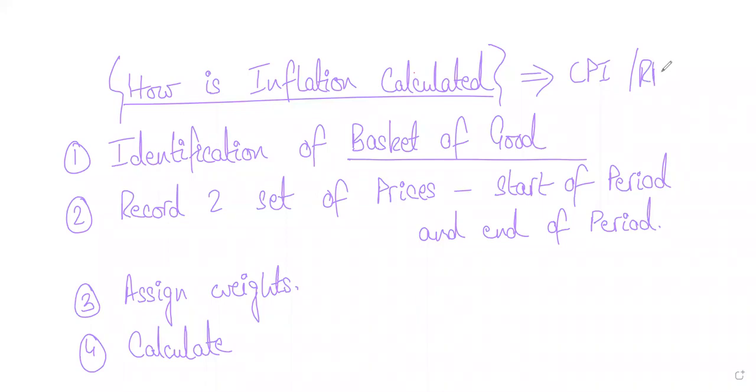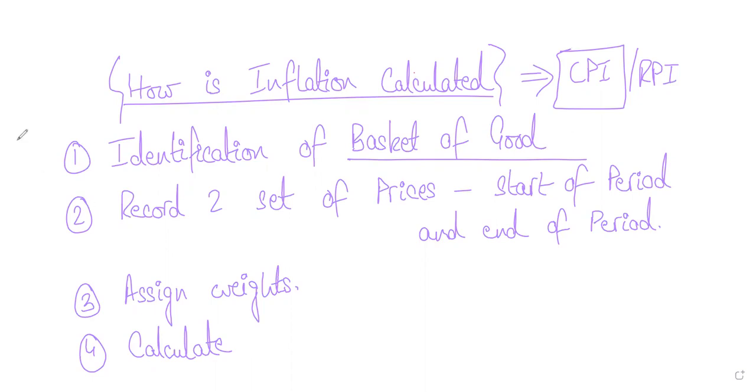There can be other price indices, like retail price index and producer price index, but we'll not talk about those. What you need to remember for your purposes is that the consumer price index, written as CPI, is used to calculate inflation.